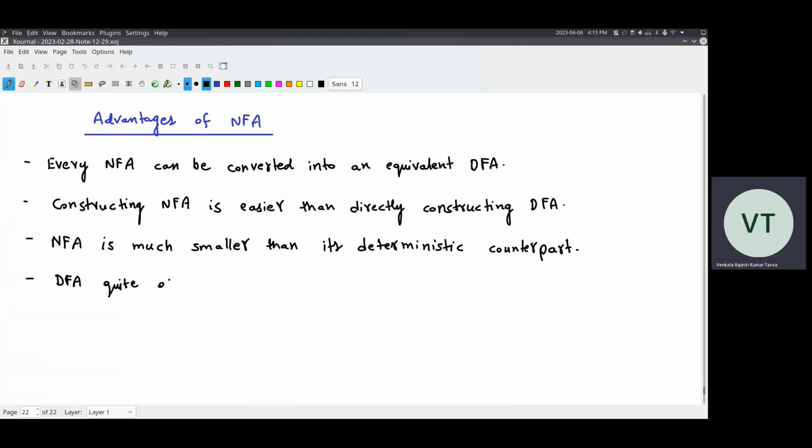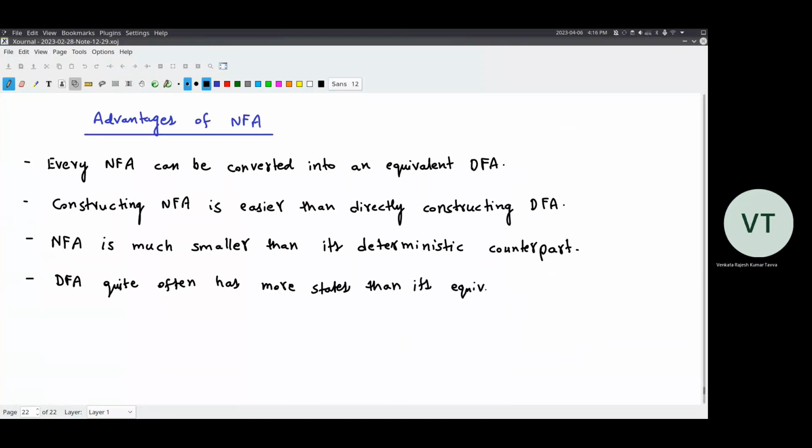And a DFA quite often has more states than its equivalent NFA.